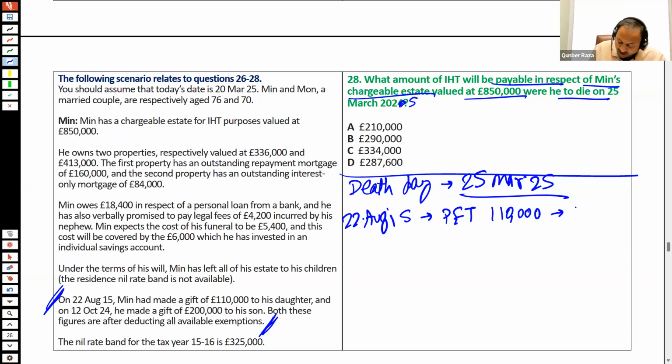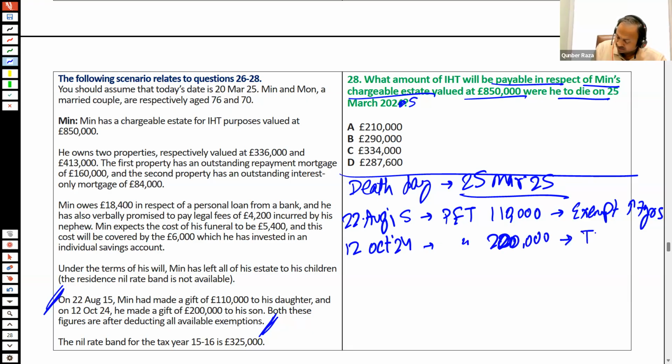Is it taxable today? No, it is exempt. Why is it exempt? Because it is more than 7 years. Then 12th October 24, PET of 200,000. Taxable, falls into NRB.